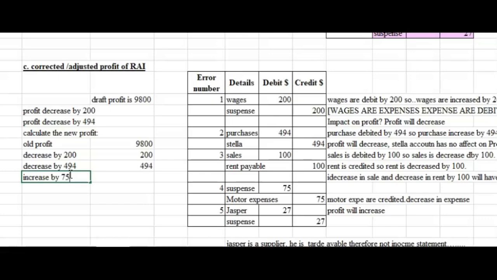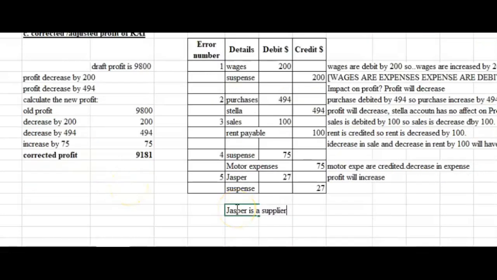As a result, profit increases by $75 following this correction. Jasper is a supplier, so this correction does not affect profit. Since Jasper's account is neither an income nor an expense account, any correction made to it has no impact on profit.